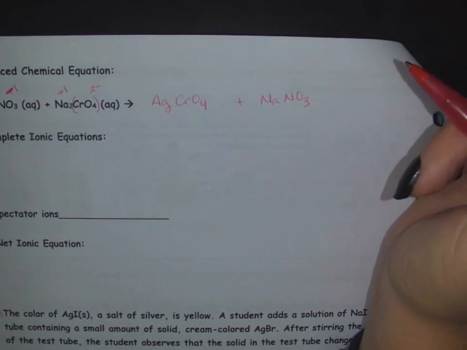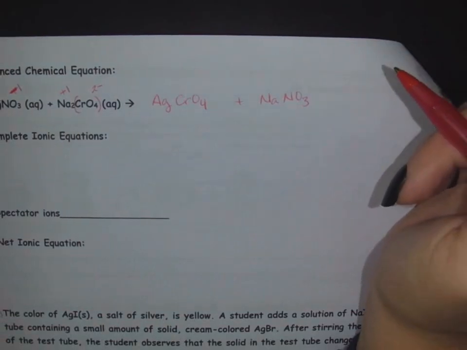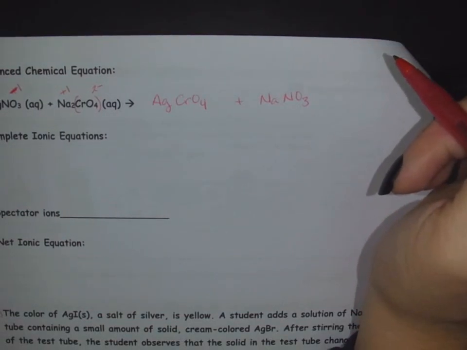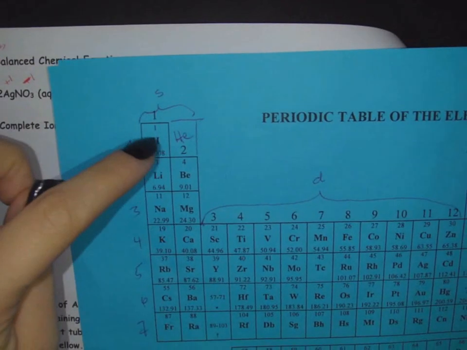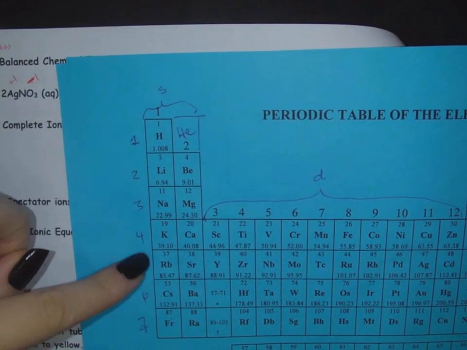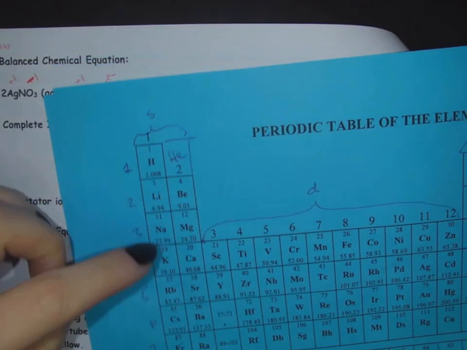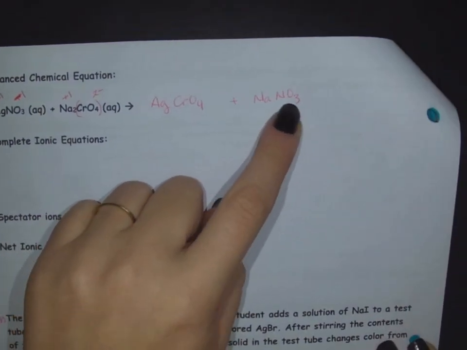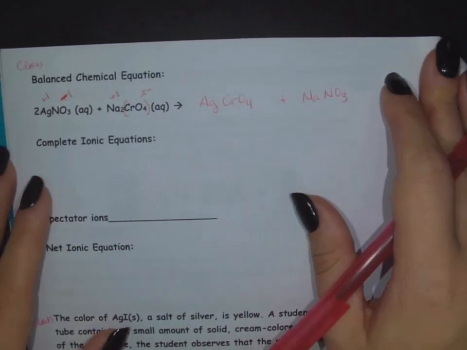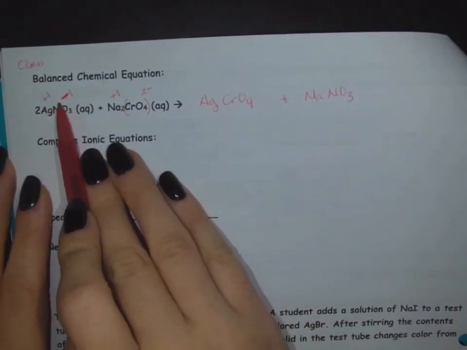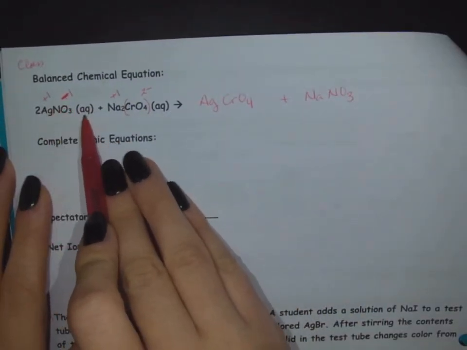We're going to dive more into solubility rules later, but what I want you to know right now is the group 1 metals, whatever ionic compound they're with, they tend to be soluble, definitely sodium. And then nitrate is also something that's really soluble. So we can see that this guy had nitrate, and so it was soluble, aqueous.